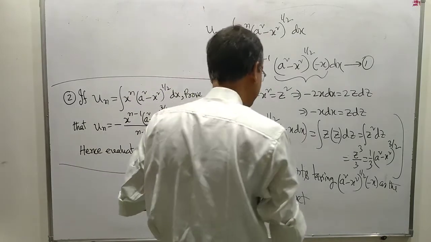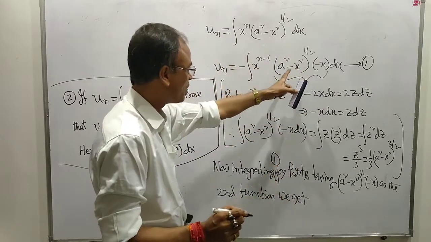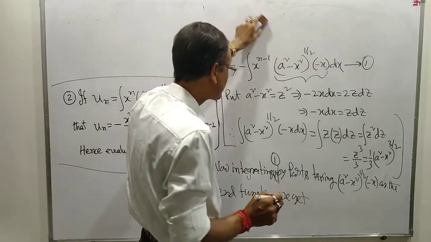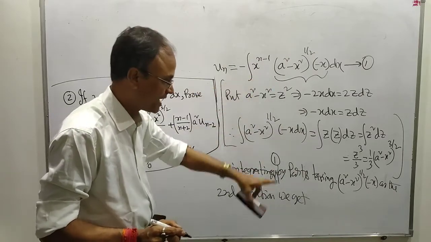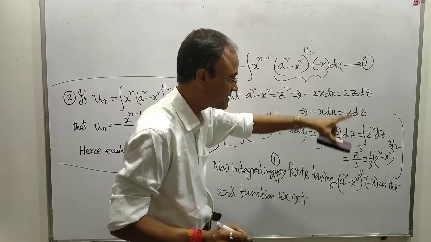You may write here integrating this one by parts. I am going to integrate by parts regarding a square minus x square whole to the power half into minus x as the second function.